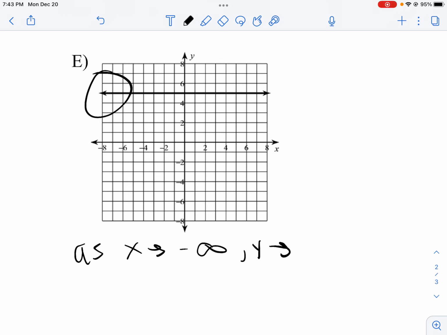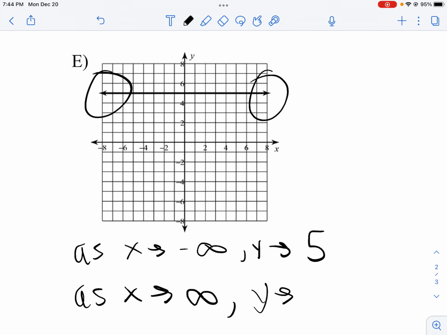No, it's not. What y value is it at right now? 5. And as we continue going left, is it going to go off of 5? No, it's not. So it stays at 5. And as we go to the right, you'll notice that that value is also not going up or down at all, which means it is also going to stay at 5.